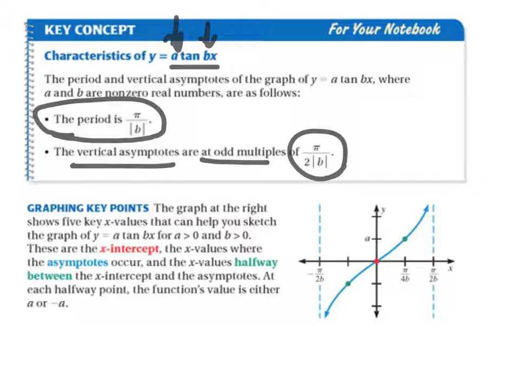So at each halfway point, the function's value is either a or negative a. So that would be that one. Right? That would be a and negative a. Cool? So 5 points. I've got the asymptotes, the x-intercept, and the a and negative a.